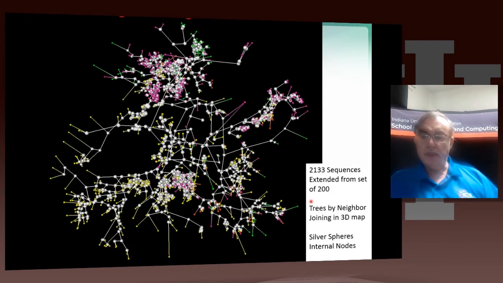And here's a more complicated example with 2,000 sequences, and I should say that this is slightly speculative, but it illustrates the power of visualization. And although I don't show it, it shows you that some approaches just don't work very well. The visualization makes it very clear that the tree doesn't seem to represent the data very well. So this is just a way of checking what you're doing makes sense.